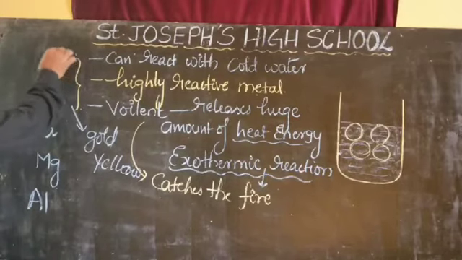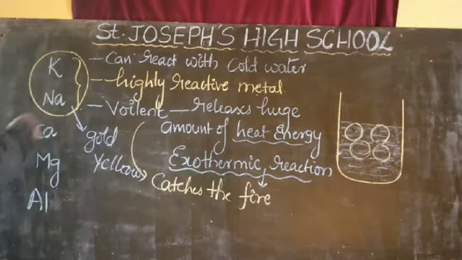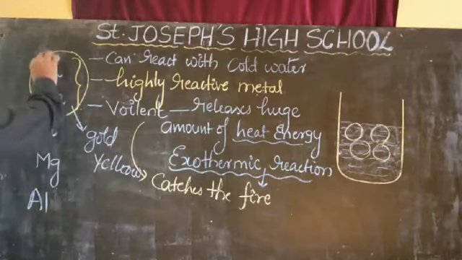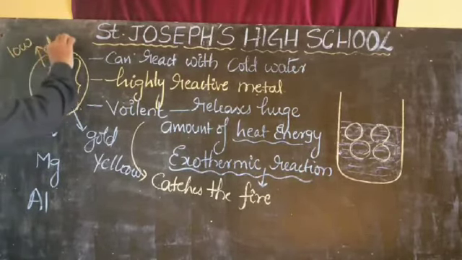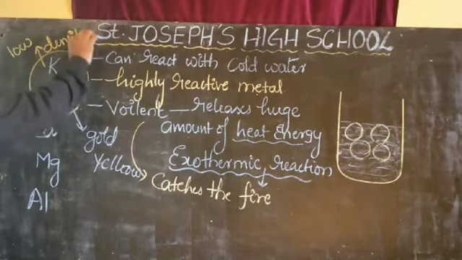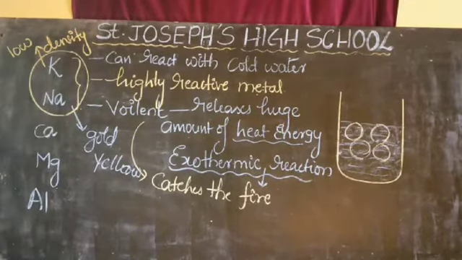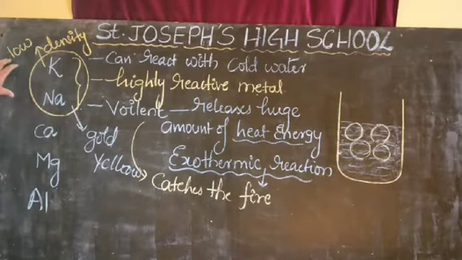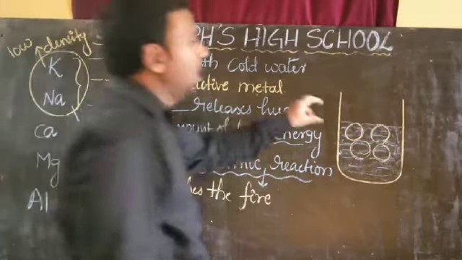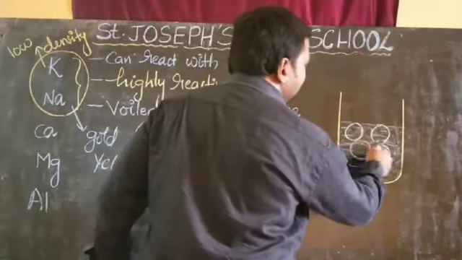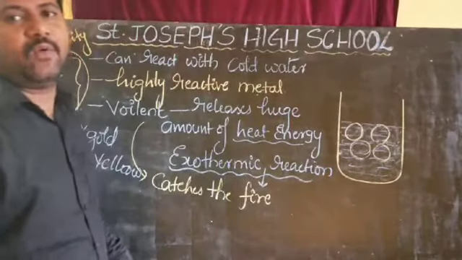Because, do you remember, while explaining the physical properties of metals, I said these two have low density. When I said metals have high density, these two are exceptions. So these two have low density. Due to the low density, these two metal pieces will float on water.